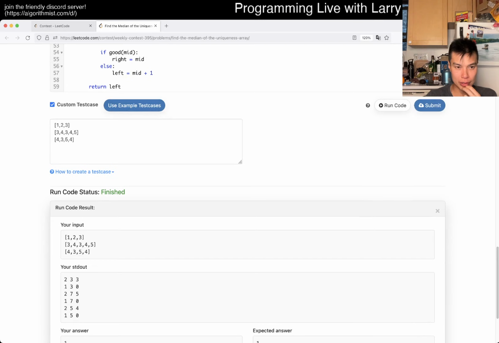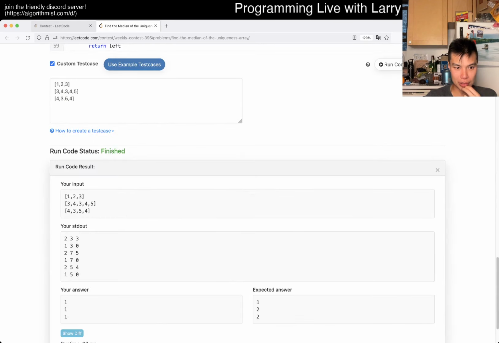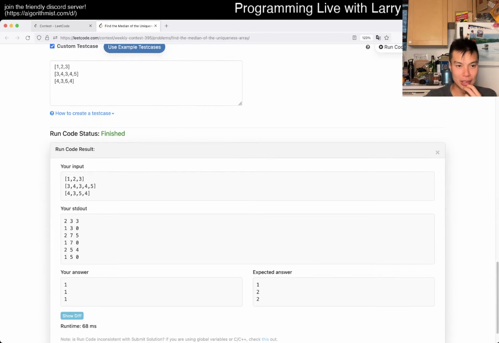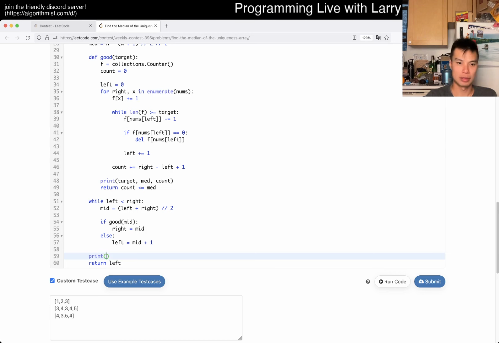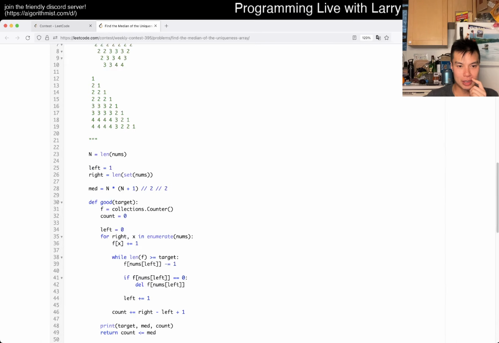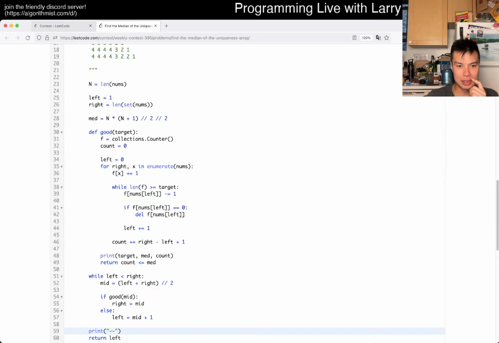So we target 2. We should return 3. We return 3, we're happy, we go look. Oh, I guess I should not check the one that has the right answer, but alright, so for this one, 2, median is 7, okay.